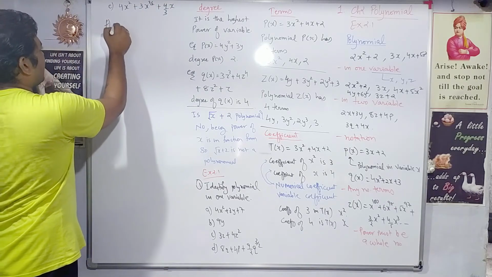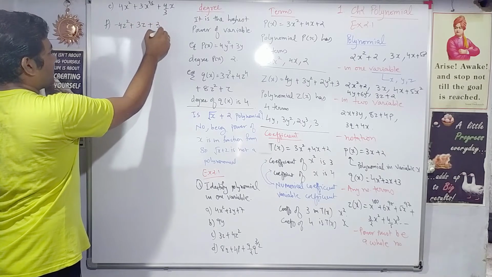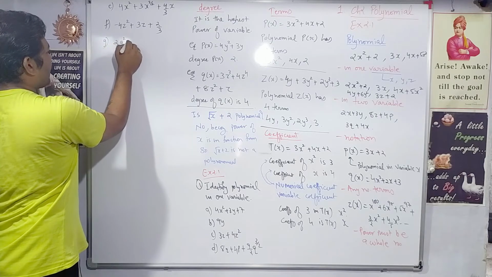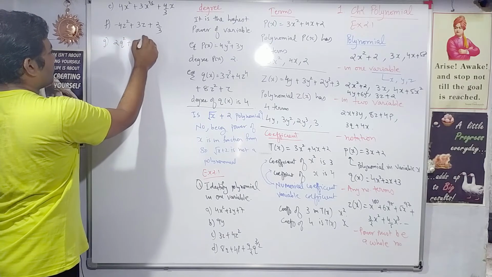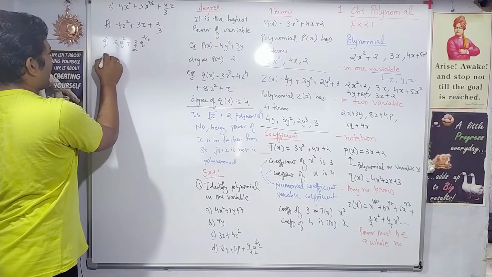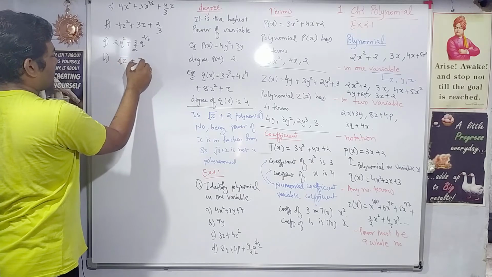Then f, minus 4z square plus 3z plus 2 by 3. G, 2q square plus 3 by 2q to the power 2 by 3, right? H, cube root of z plus z.